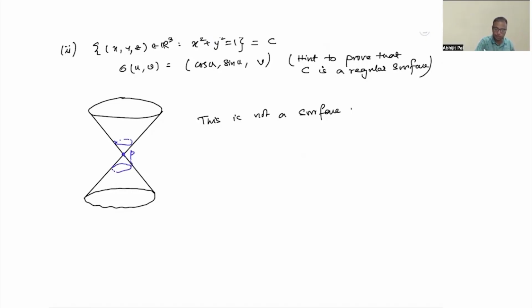So it is never homeomorphic to an open subset of R2.